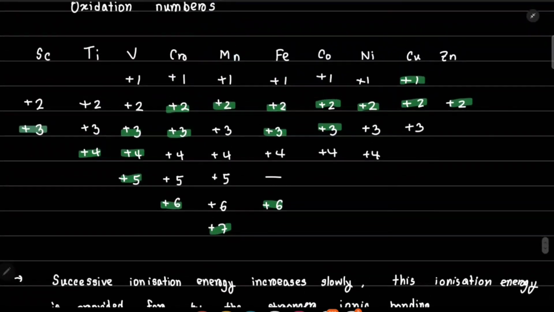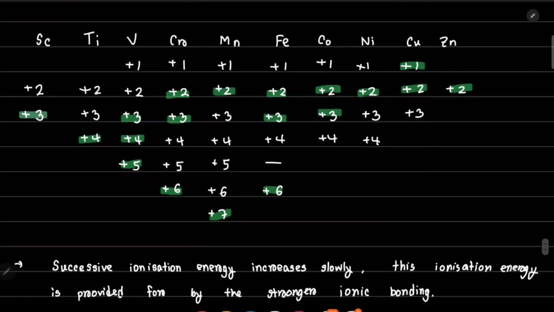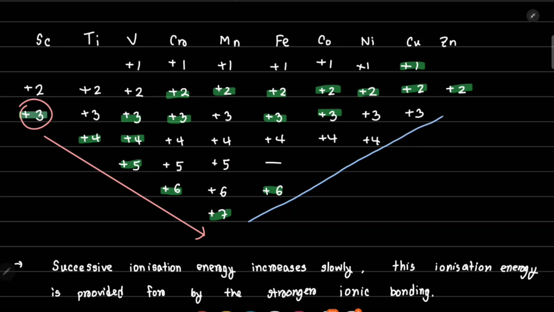And now if we observe this table, we can see a trend. From scandium to manganese, we were having an upward trend. The oxidation number or oxidation state of the stable ion with the highest oxidation state was increasing from 3 over here to plus 7 over here, and then after that it begins going back down.